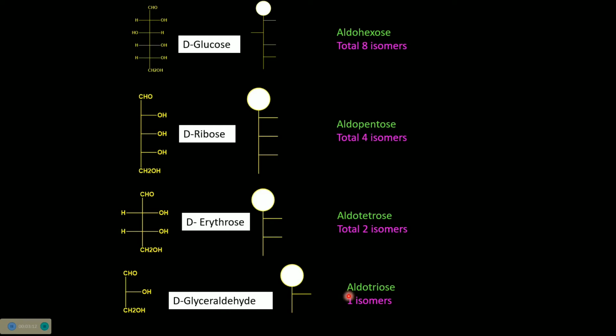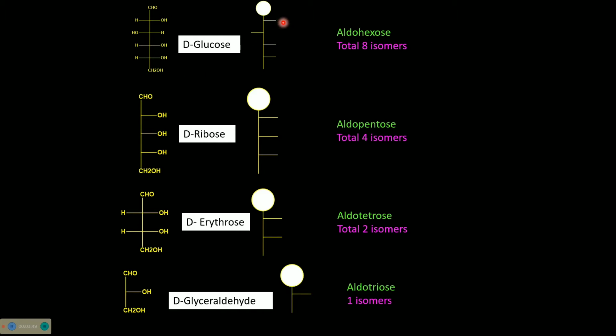This structure we can write in a simpler way, instead of writing the carbonyl CHO or OH group again and again. This is the simplest version of writing aldose or ketose moieties. This round head indicates the aldehyde group, this bottom tail indicates the CH2OH group, and each line on both sides indicates an OH group.